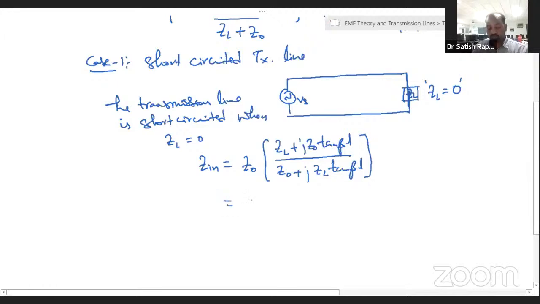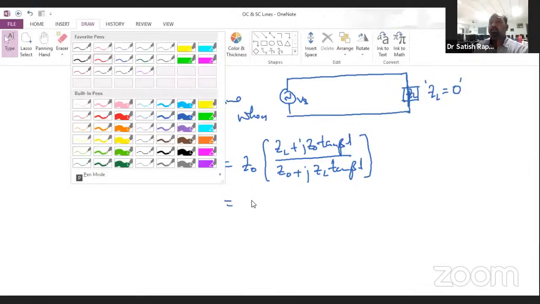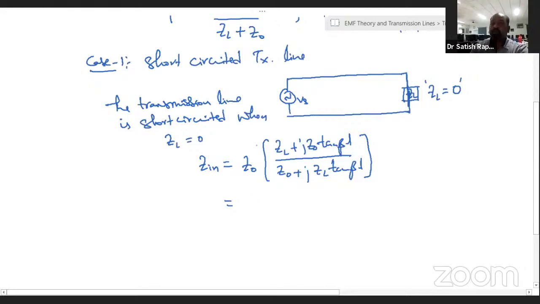Now ZL is equal to 0, so this term is 0, and this term is 0. So what will we get?